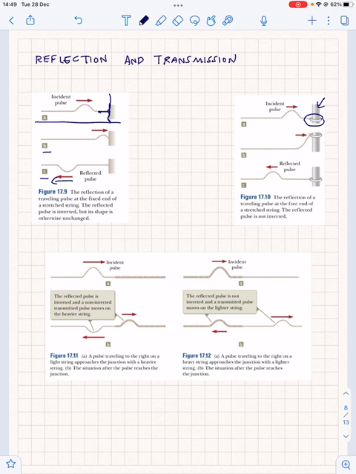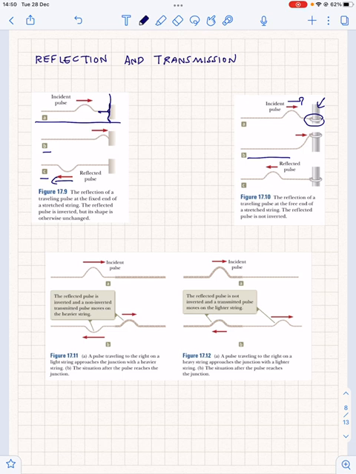And again, we have an incident pulse. The pulse is traveling along the string towards the end. And what happens over there? When it reaches the post in figure B, the pulse exerts a force on the free end of the string, and this causes the ring to accelerate upward.